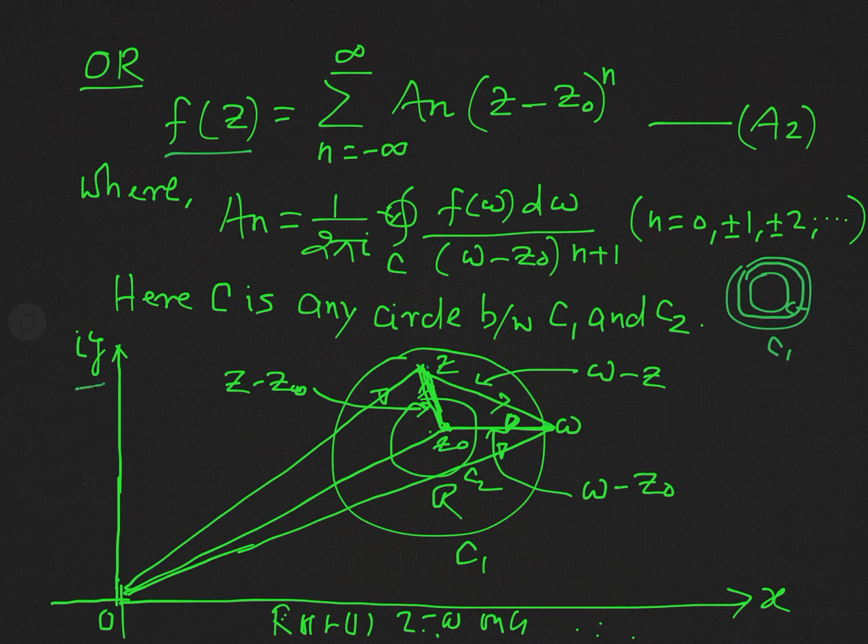Let us join the points w and z to the origin, which is the common center of both circles. You can see from this figure that if we want to evaluate the length of the line between z0 and z, what will this be?